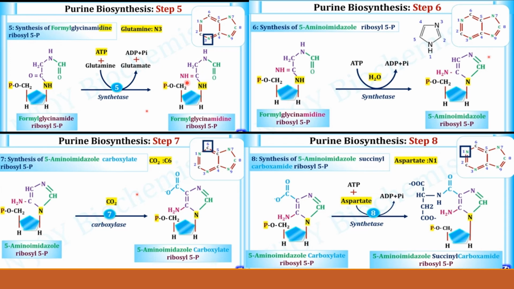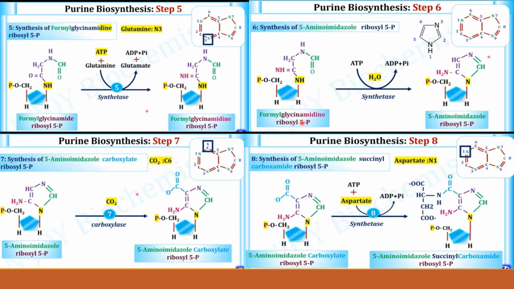Here you see that here is C double bond O, but here is C double bond NH. At this carbon an amino group is added, so it gets converted from formyl glycine amide ribosyl 5-phosphate to formyl glycine amidine ribosyl 5-phosphate.